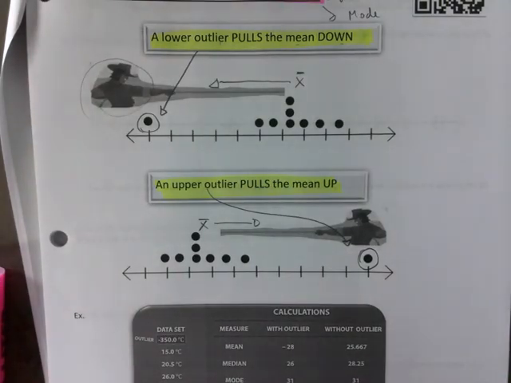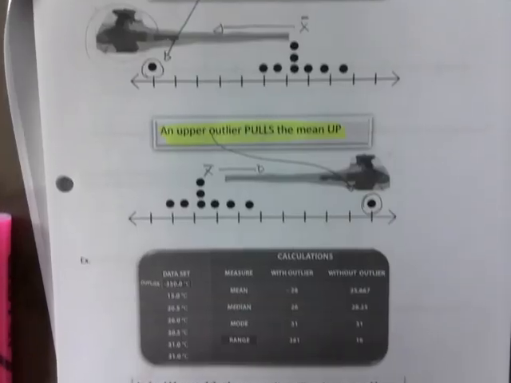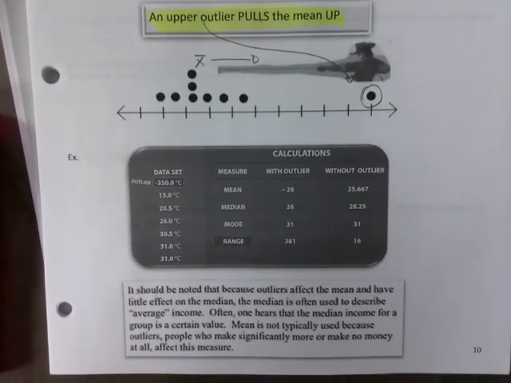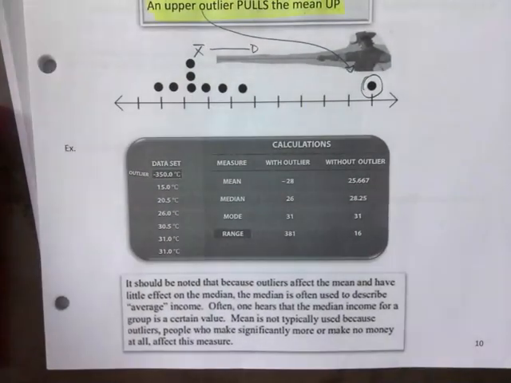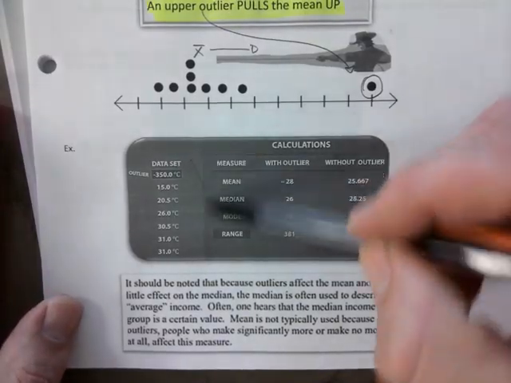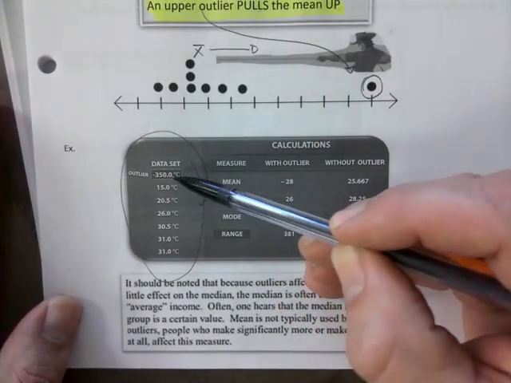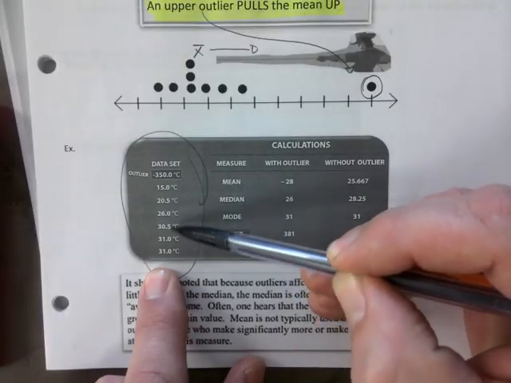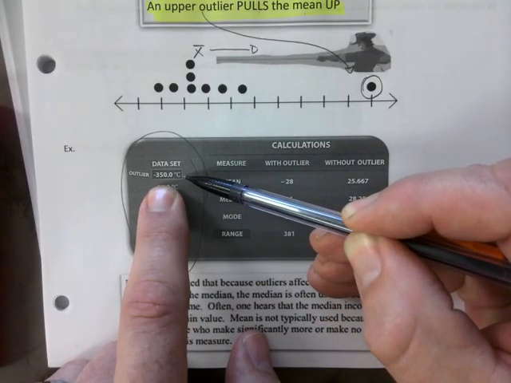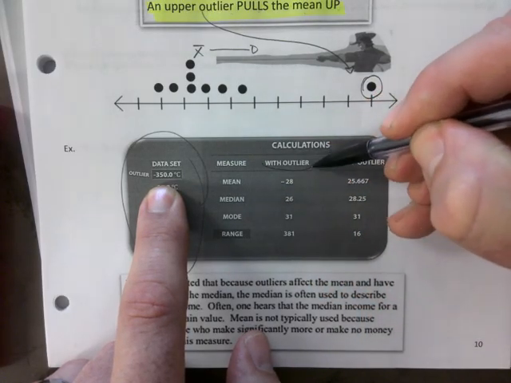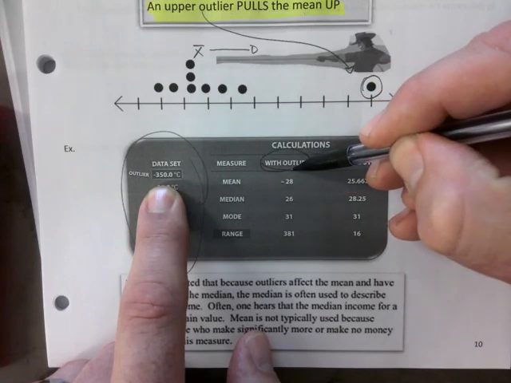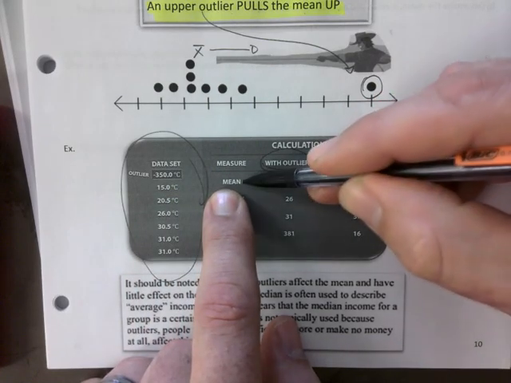So we're going to just visually see that here. If this is our data set here, and we've got a bunch of temperatures, and all of a sudden you've got negative 350 degrees Celsius. Guess what? With the outlier, what is our mean going to be like?